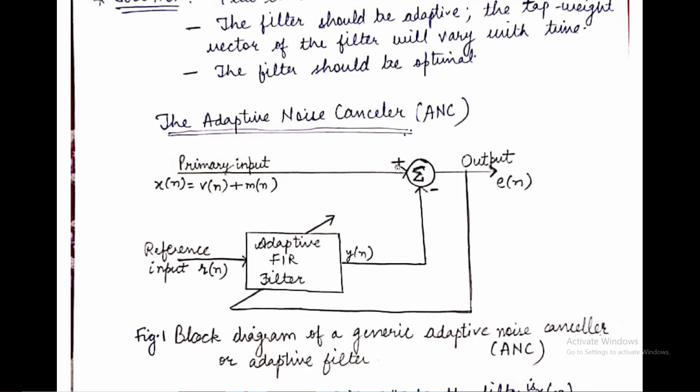Then when we subtract this Yn from Xn, we get En, and our motive is to minimize this En. This En is the input to the adaptive filter, and by varying the tap weights, Yn should closely represent that noise, and we can subtract it to obtain the desired signal, that will be Vn.